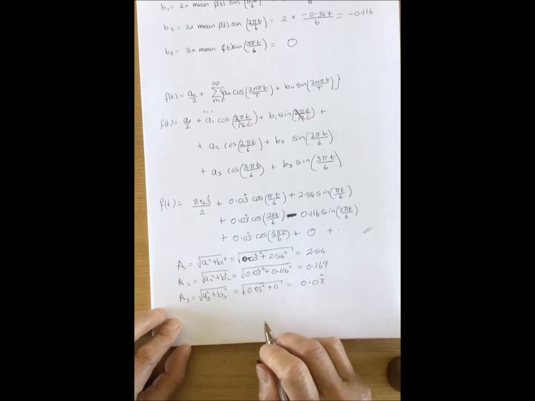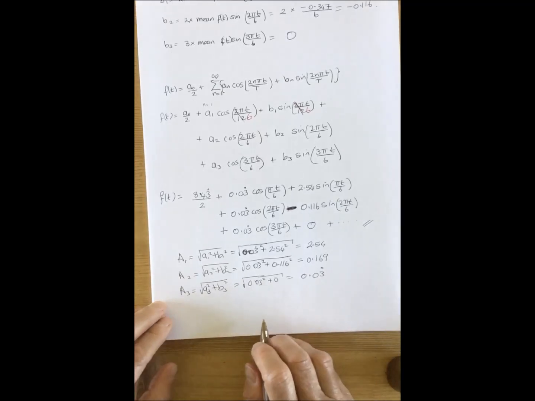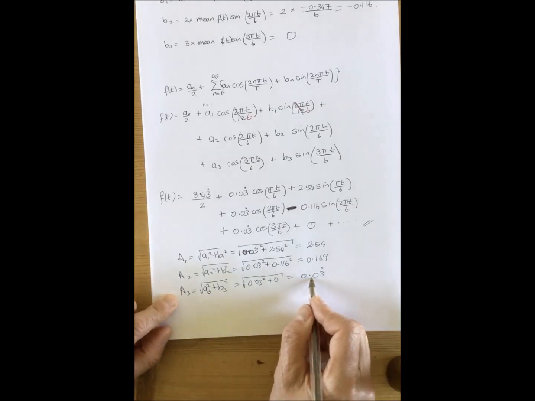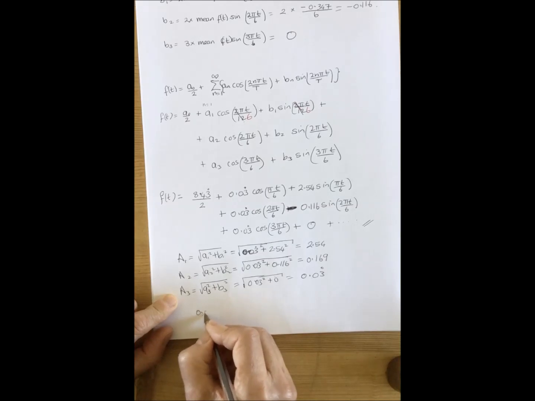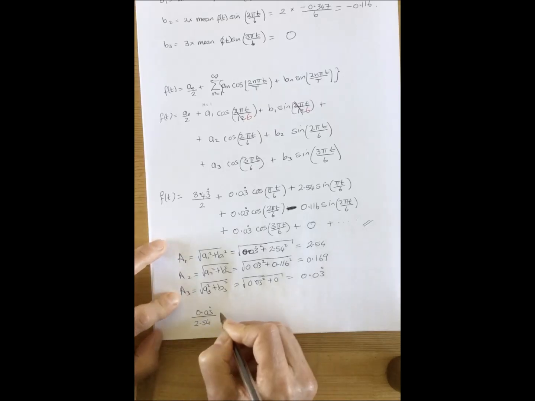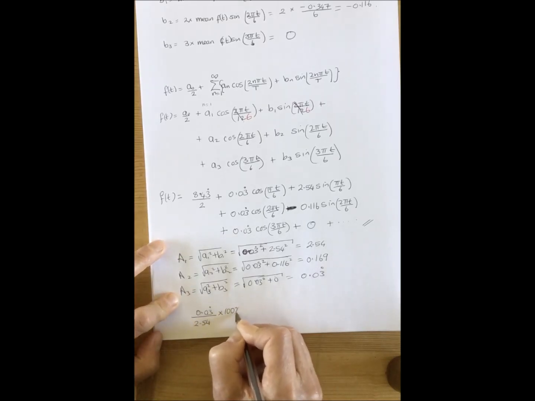Okay, now we're asked for the percentage third harmonic. So basically the percentage third harmonic is the value of the third harmonic, 0.03 to infinity, over the value of the first harmonic, 2.54. That's the amplitudes, multiplied by 100%.